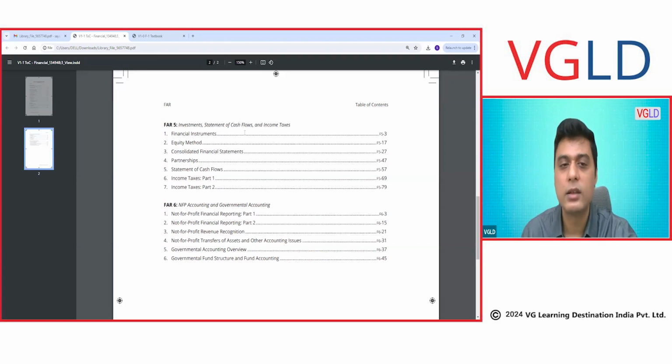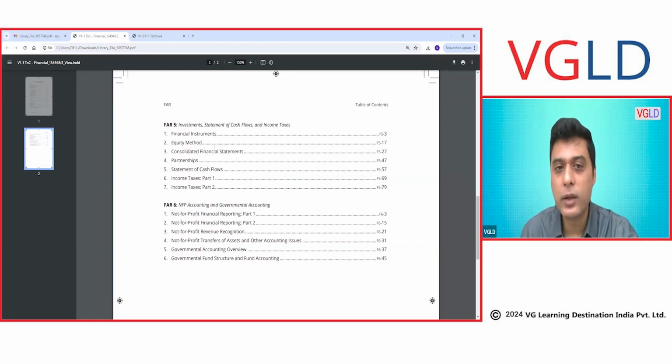They are just on the surface, not gone into the depths of the topic at all, right? So it's a good thing for you from an exam point of view, that it's very simple, right? It's not as tricky as, let's say, your CA exams or CFA exams, where financial instruments is a very heavy area. Here it is a very light area.